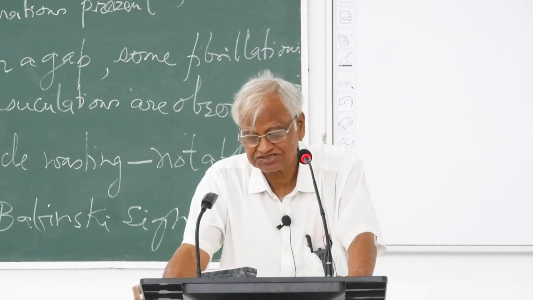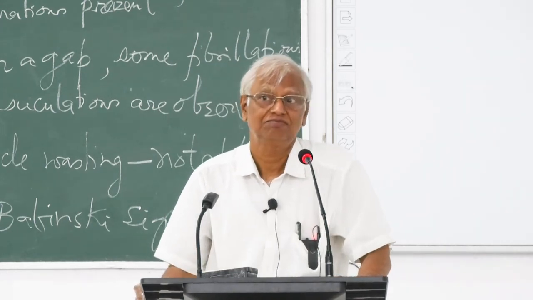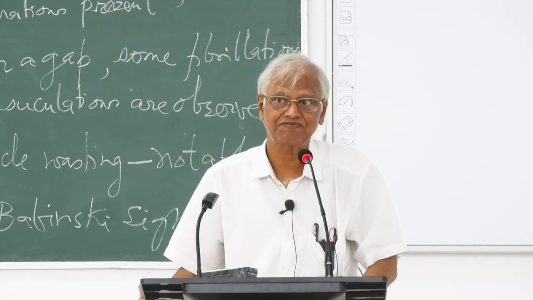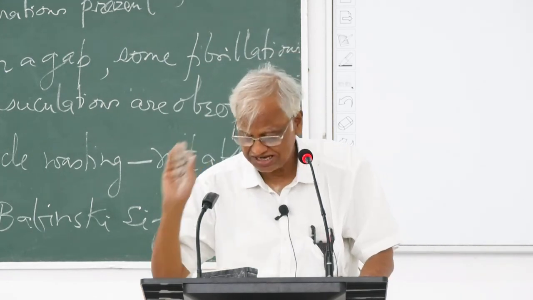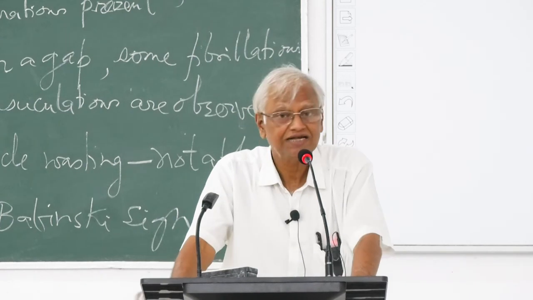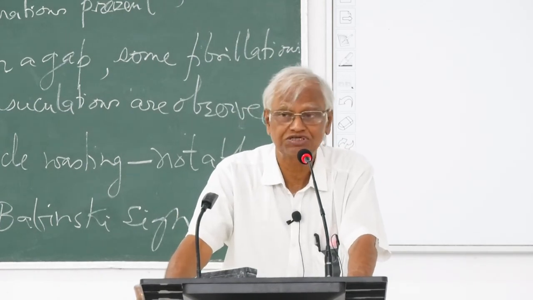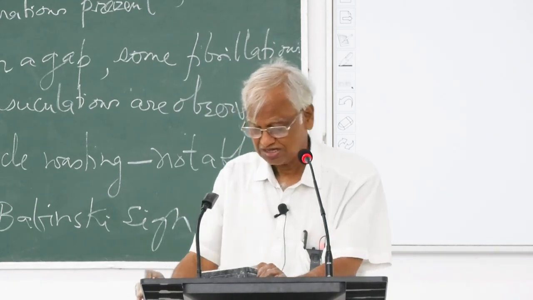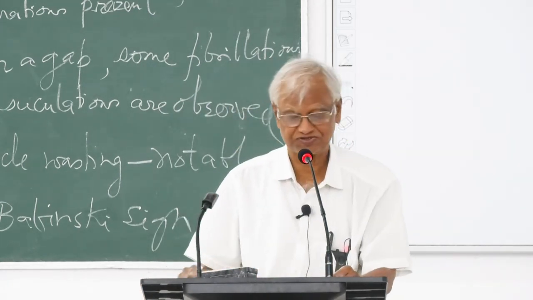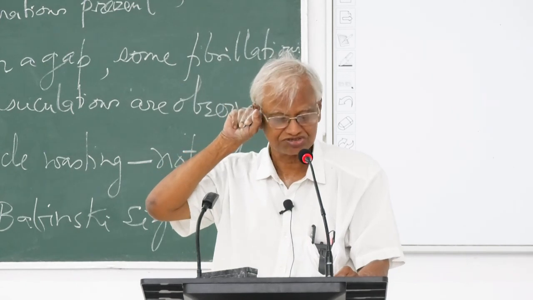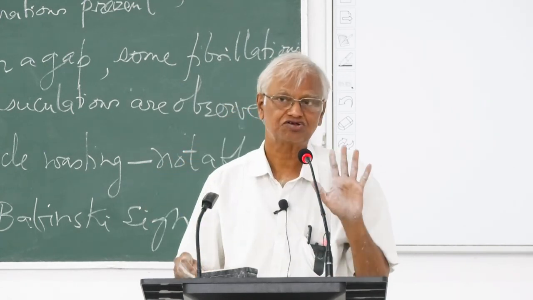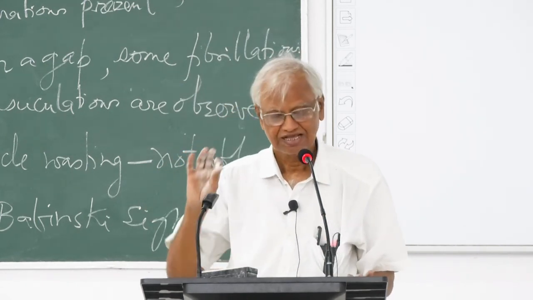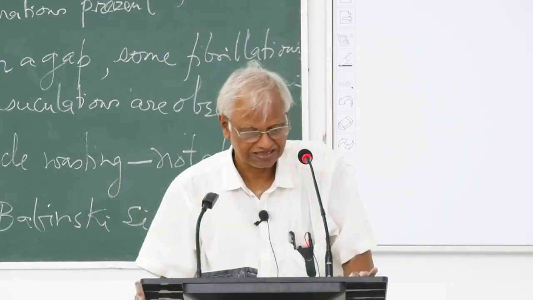Fine sensations like fine touch, vibration, joint sensations are retained, and crude sensations like crude touch, pain and temperature are lost. This is called dissociation of sensation. This much is enough for syringomyelia.